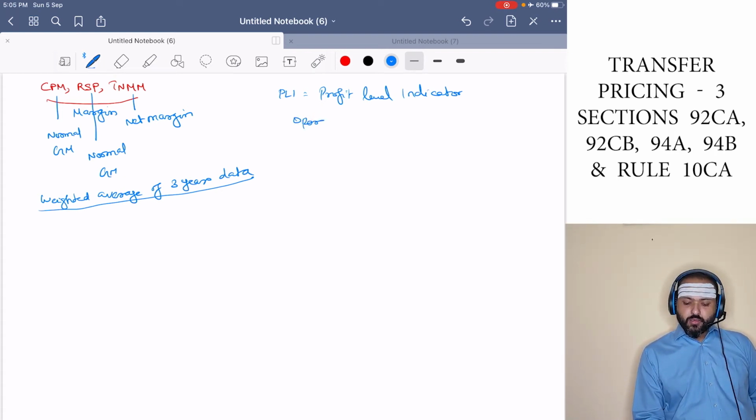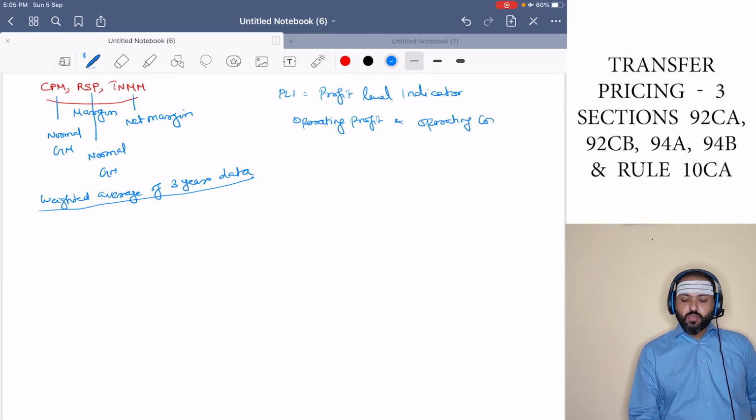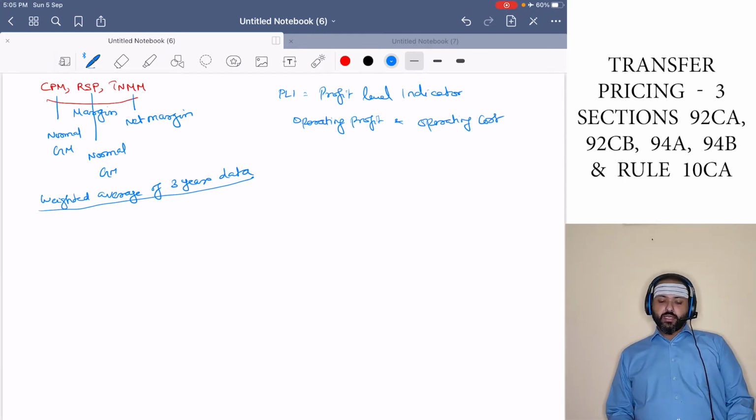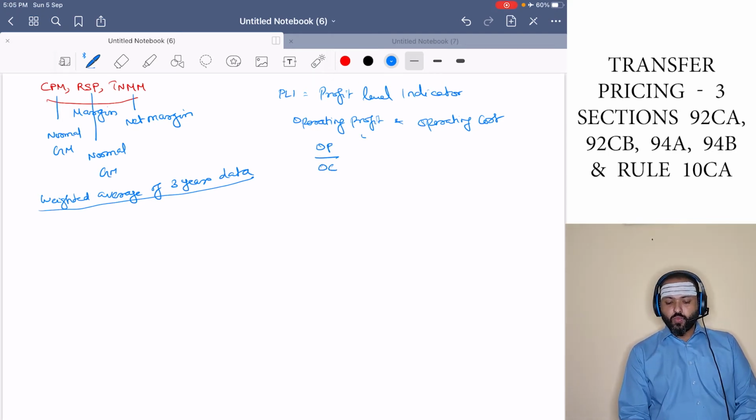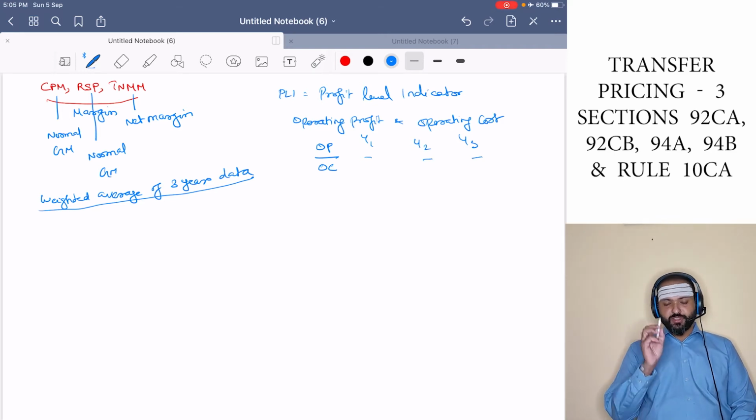Operating profit and operating cost. So what can I do? I will just do this: operating profit divided by operating cost. Okay, year 1, year 2, year 3. I will arrive at operating profit for year 1, operating profit for year 2, operating profit for year 3.